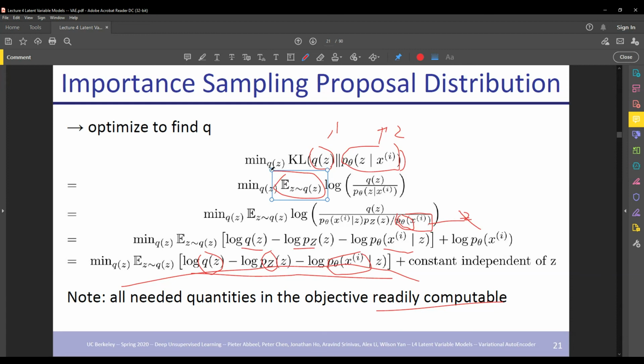The third approach of doing importance sampling helps us figure out a training approach to get to our objective.